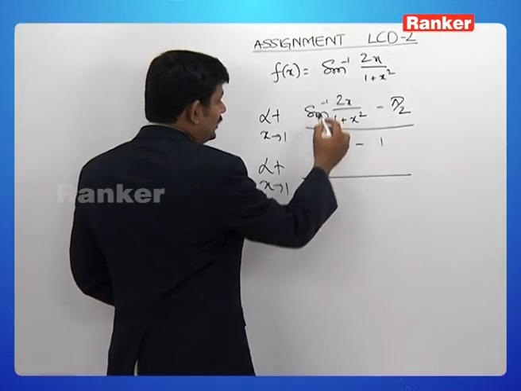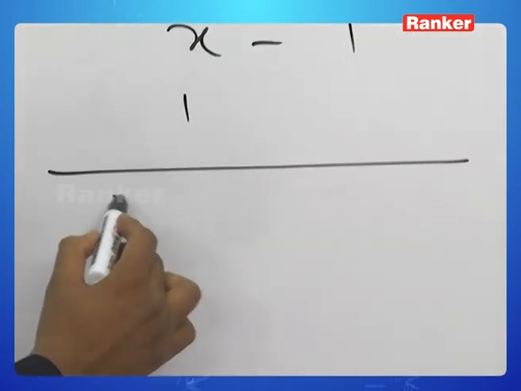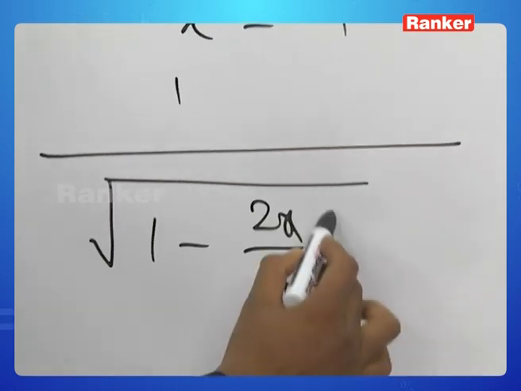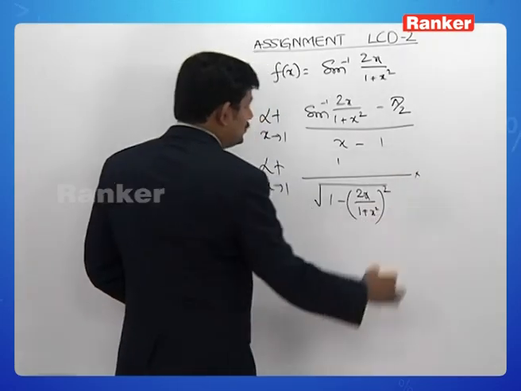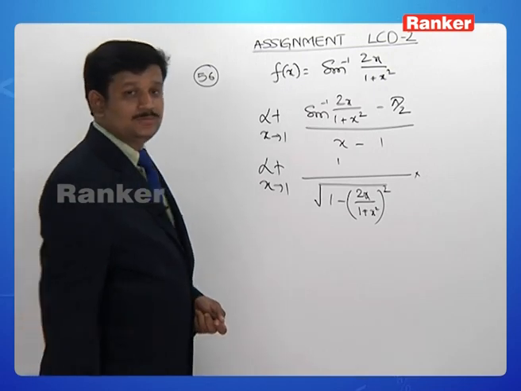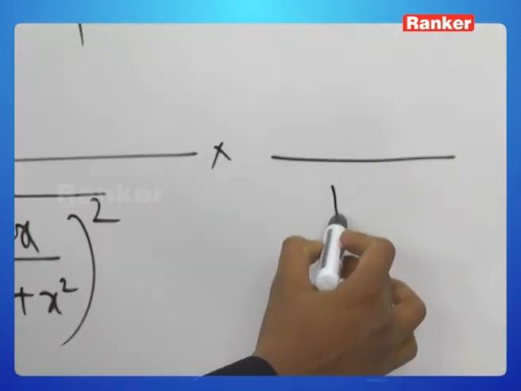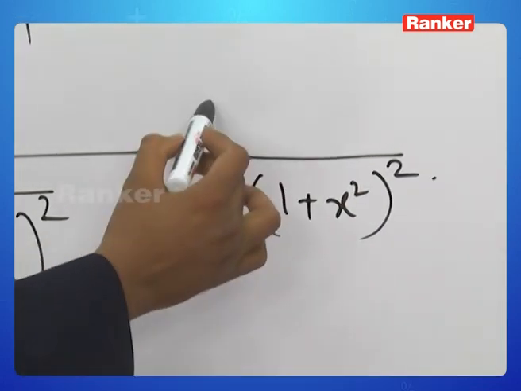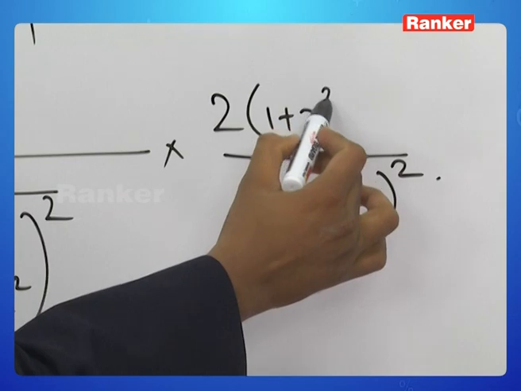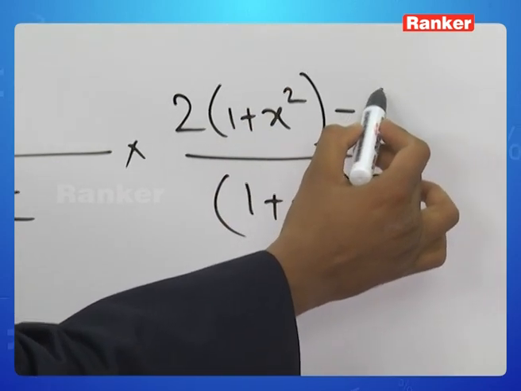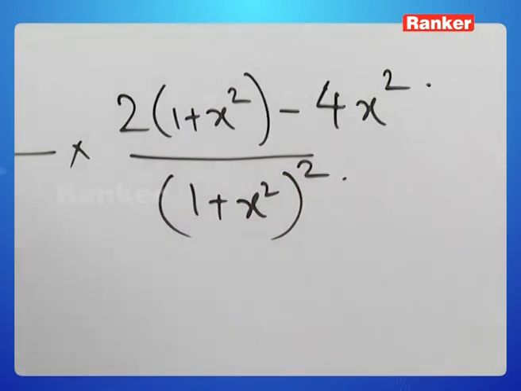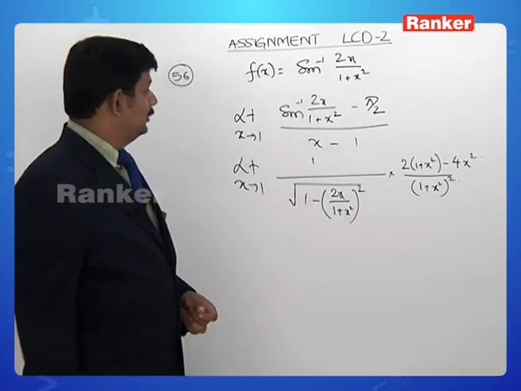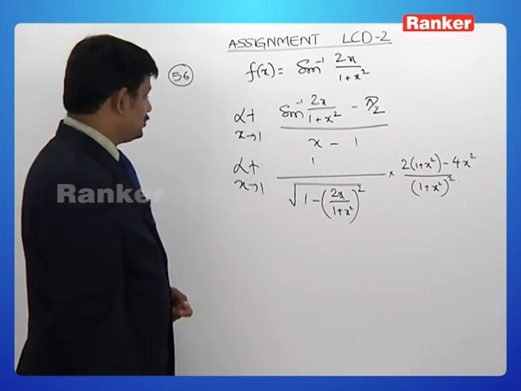Derivative of numerator: derivative of sin inverse is 1 by root over 1 minus x square, into derivative of 2x by 1 plus x square, which is 1 plus x square whole square into 2 into 1 plus x square minus 4x square. We have used the u by v rule to differentiate 2x by 1 plus x square.